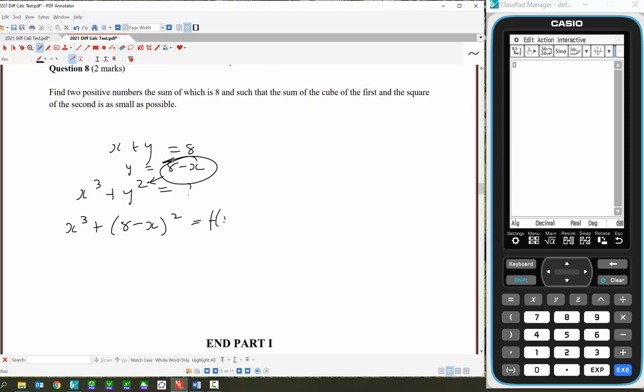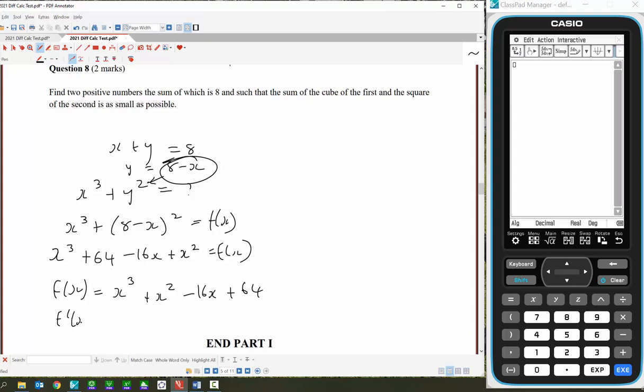We'll just call this f of x. Okay, we've got x cubed plus x squared, take away 16x plus 64.